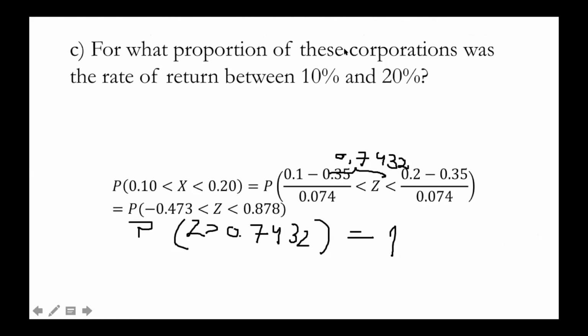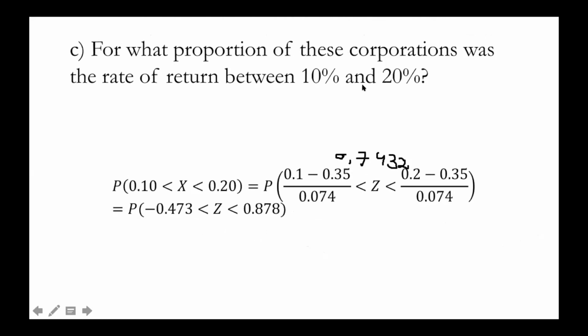And the next question is, for what proportion of these corporations was the rate of return between 10% and 20%? And you follow the same strategy. You want to find the probability that X was between 10% and 20%.